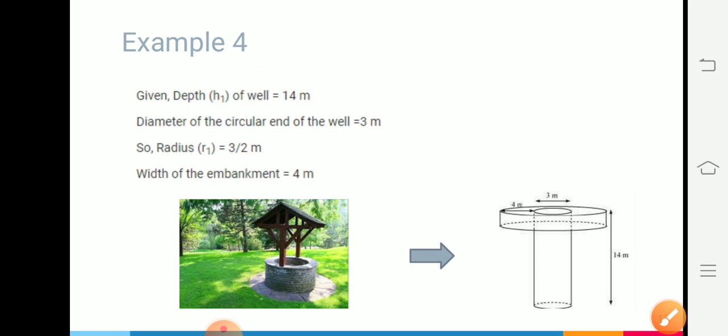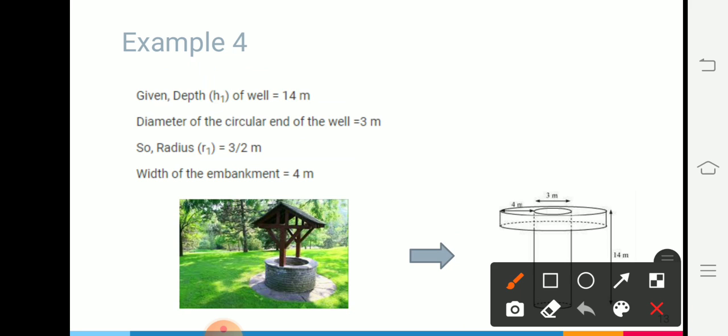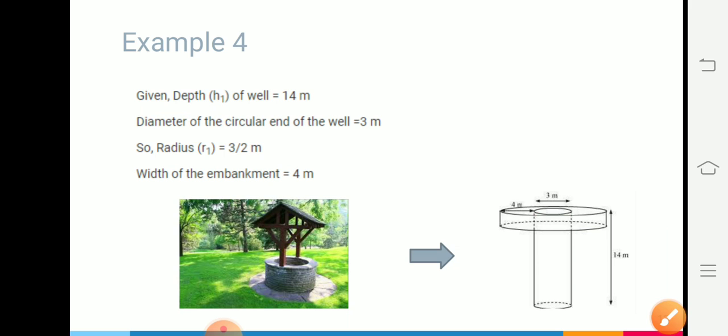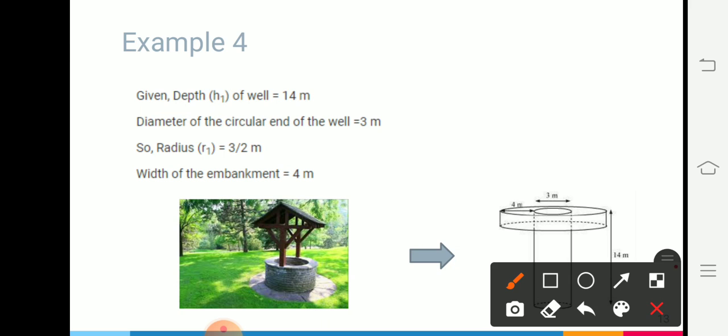So in mathematical shape, this is how it appears. The well is dug below. So this is the cylindrical part which is the well, and this is the embankment.